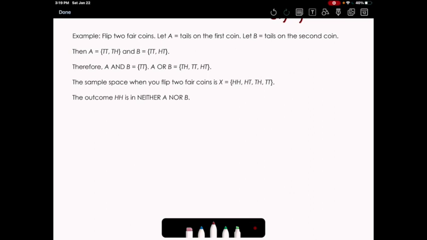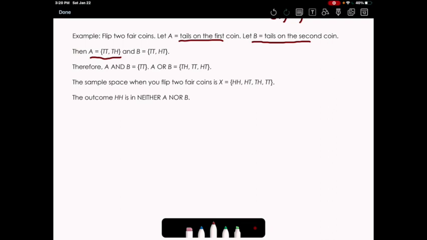Now, let's look at this example here. It says, flip 2 fair coins. A is the event that you get tails on the first coin, and B is the event that you get tails on the second coin. So then A could be that you get tails and then tails again, or you could get tails and heads.